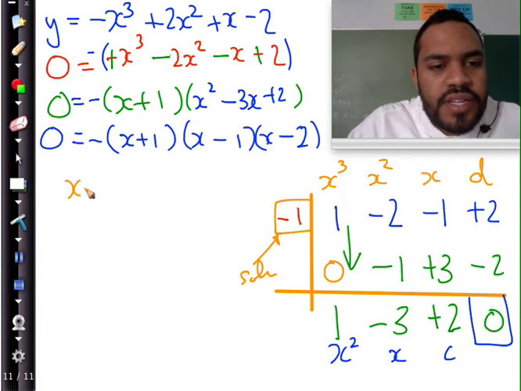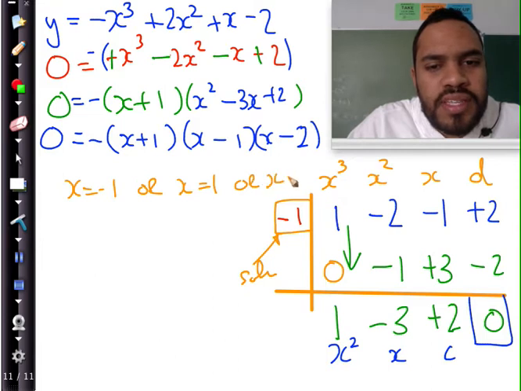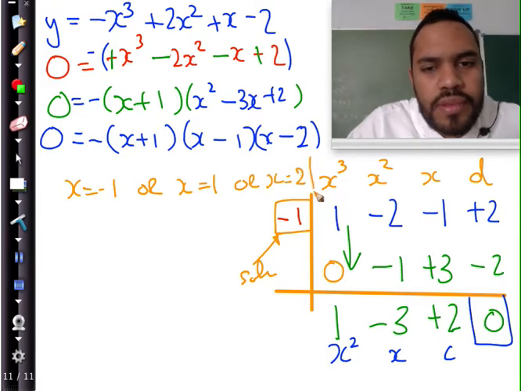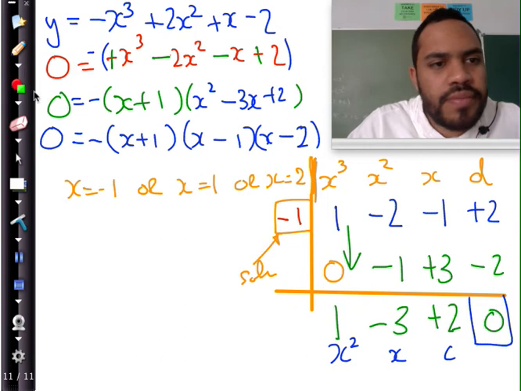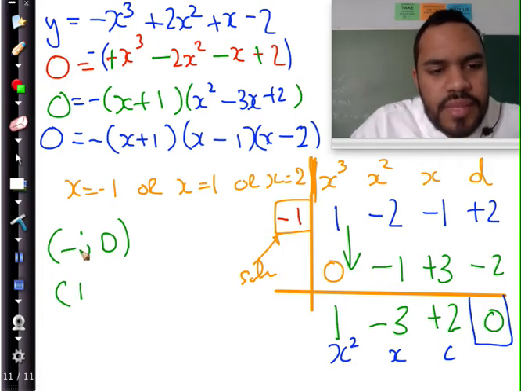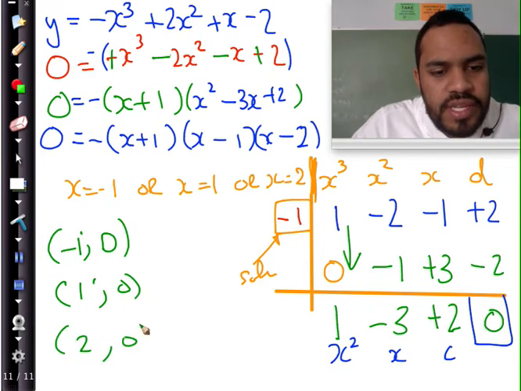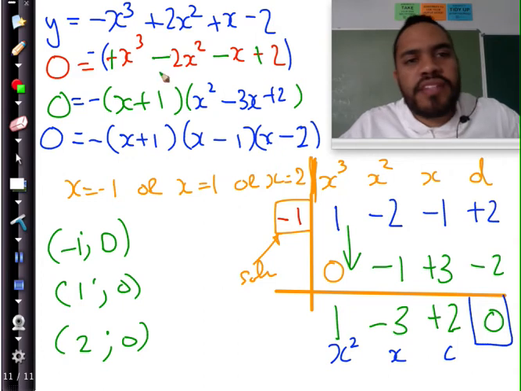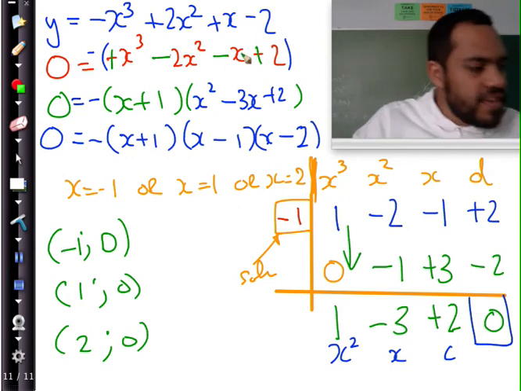X equals -1, or x equals +1, or x equals 2. Right? Are we good? Let's state that as coordinates. This is -1 on the x and 0. And the second coordinate is 1 and 0. And the third coordinate will be 2 and 0.